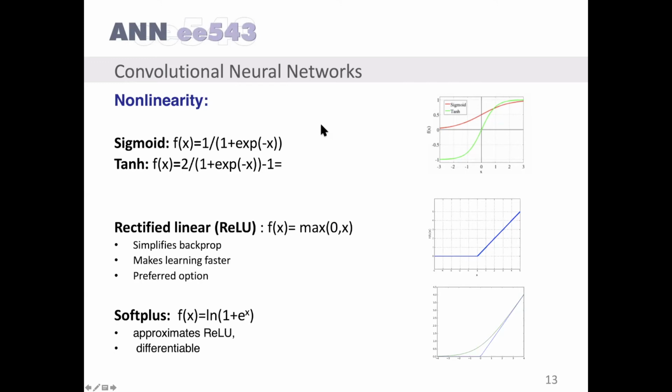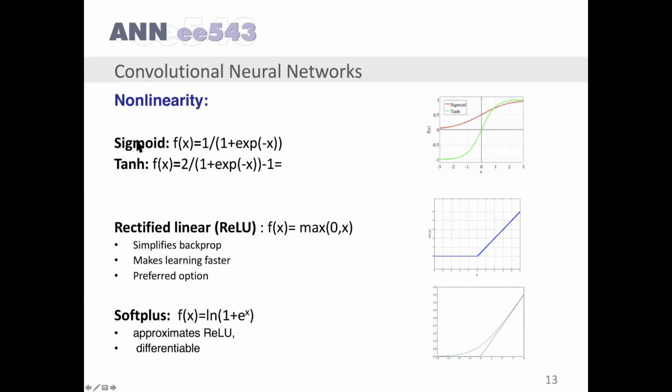After convolution is applied, we are using an output function, which is a nonlinearity. Previously, in the multilayer perceptron, we used the sigmoid function and also the tangent hyperbolic function, as shown here. This is the sigmoid and this is the tangent hyperbolic function.